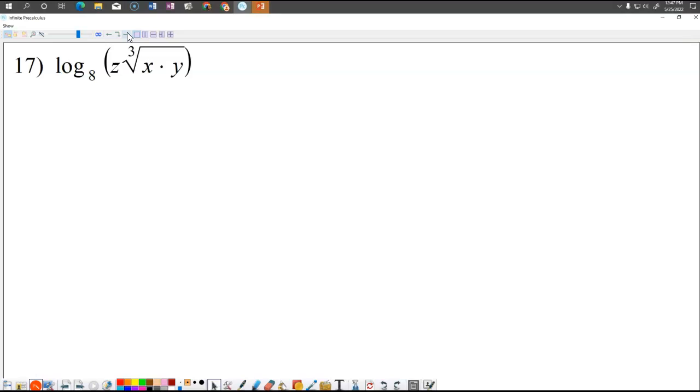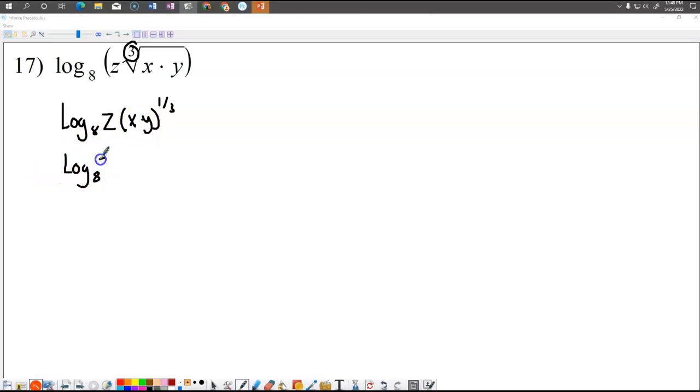Number 17 has some square roots in it. And so when it comes to these square root problems, the first thing you're going to want to do, it's not a square root actually, it's a cube root. First thing we're going to do is change it to a power. So a cube root is a 1/3 power. Now that 1/3 power is applying both to the x and the y.